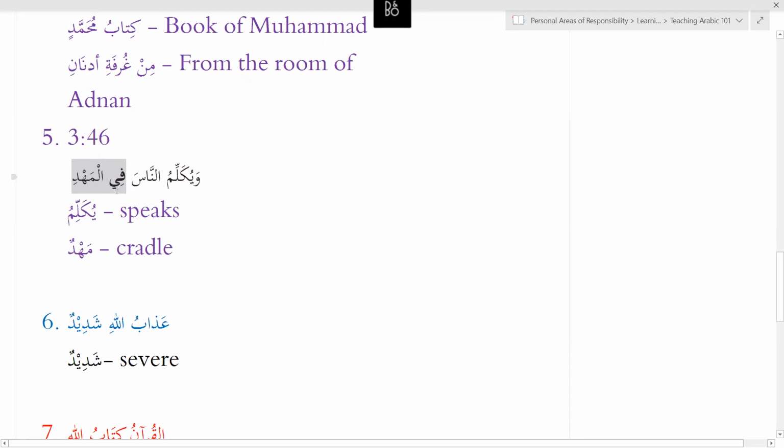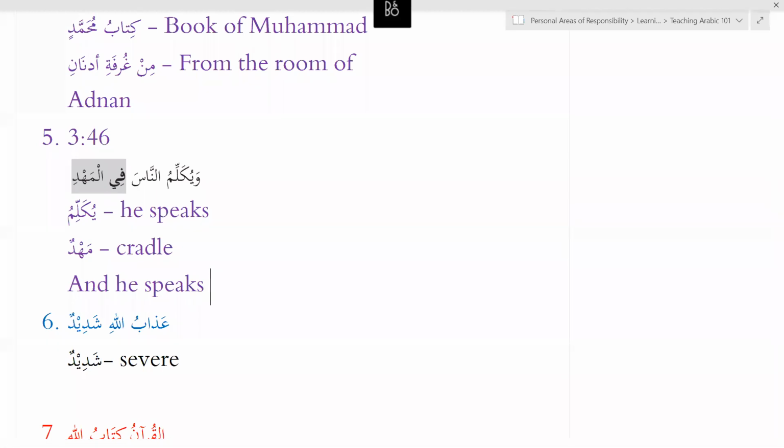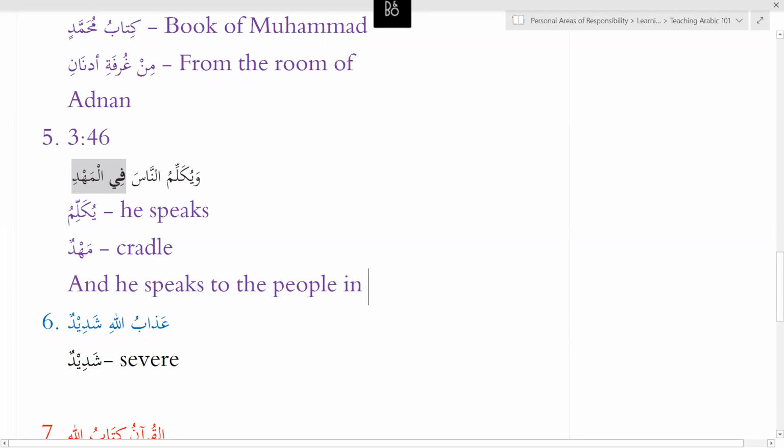Wa is and. Yukallimu, third person singular, he speaks. What will come after this, Rahmat? He speaks to the people, an-nasi, in the cradle.